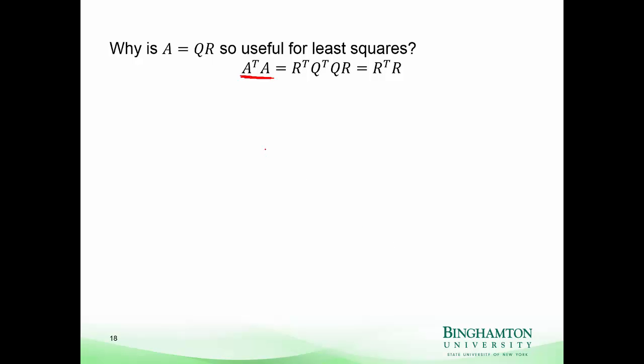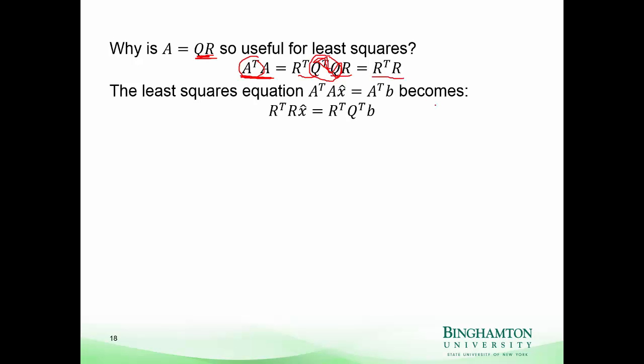If we replace each A by QR, to get the A transpose we need to transpose each of those and then interchange their order. So we'll get R transpose Q transpose times A, which is QR. But we already know that Q transpose Q gives us the identity matrix, so we don't even have to write that. So A transpose A gets replaced by R transpose R.